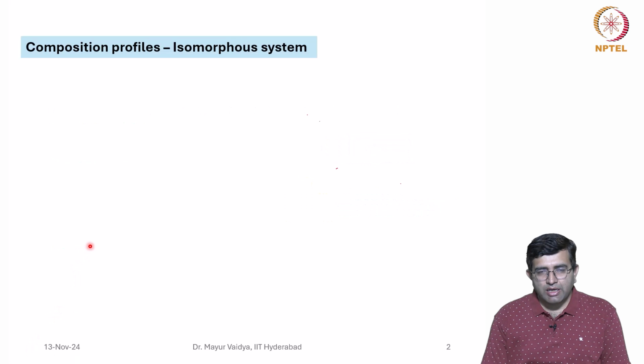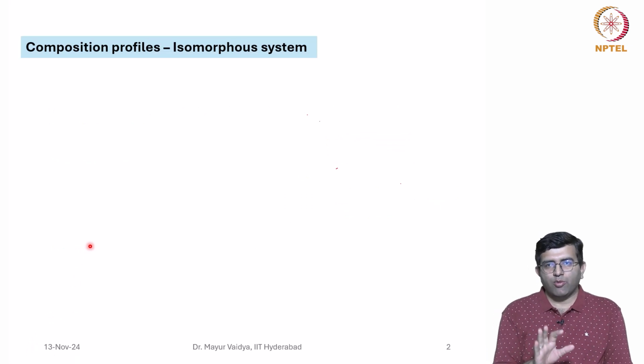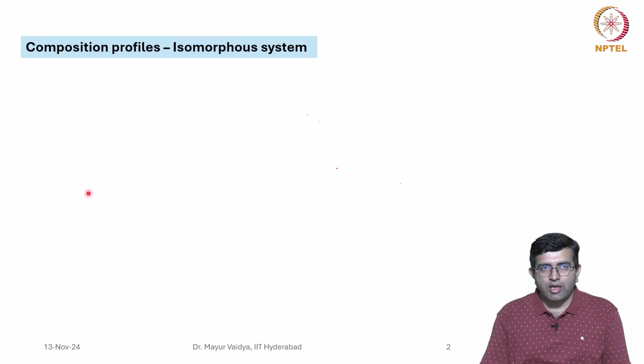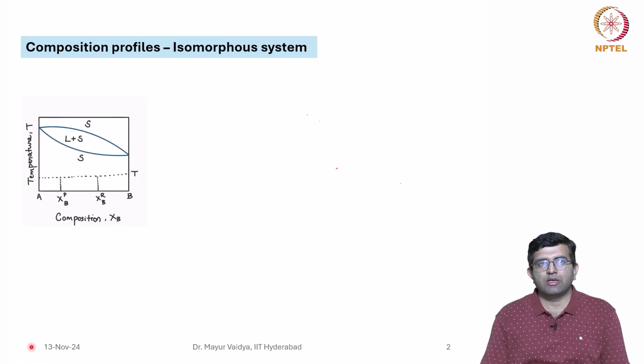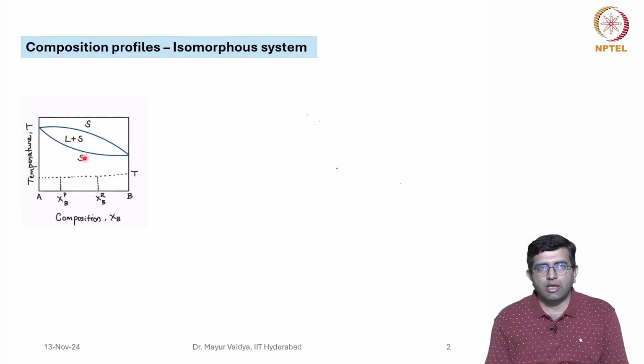So first is the isomorphous system. I think all of you are aware of what an isomorphous phase diagram looks like. We have also seen this in the previous lectures. This is the very simplest schematic of an isomorphous system, where you have complete solid solubility in one region. Here you have liquid plus solid.